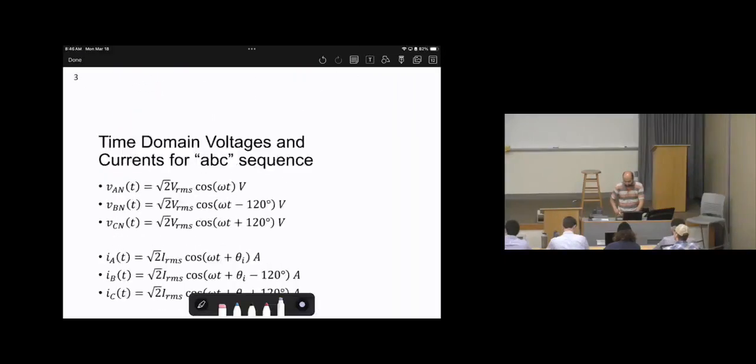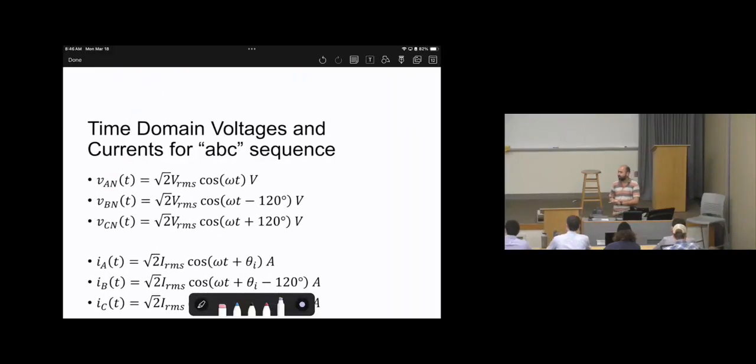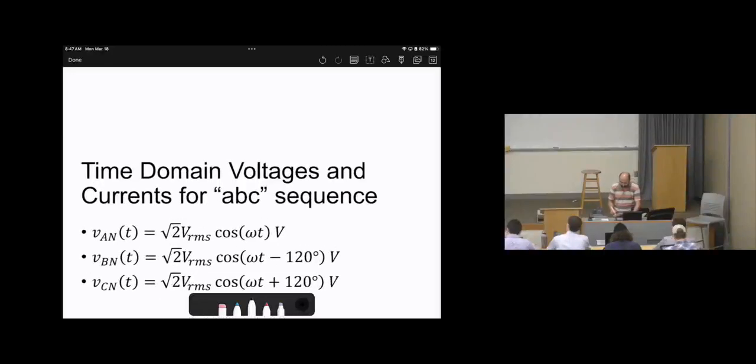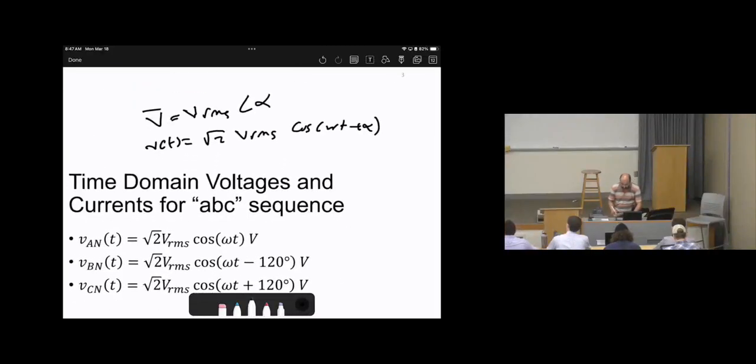Now, how can we convert this to a time domain expression? We know for time domain expression, for example in single phase, it is V RMS angle alpha. So we used to say v of t equals square root of 2 V RMS cosine omega t plus alpha, right? That's what we used to do in single phase.